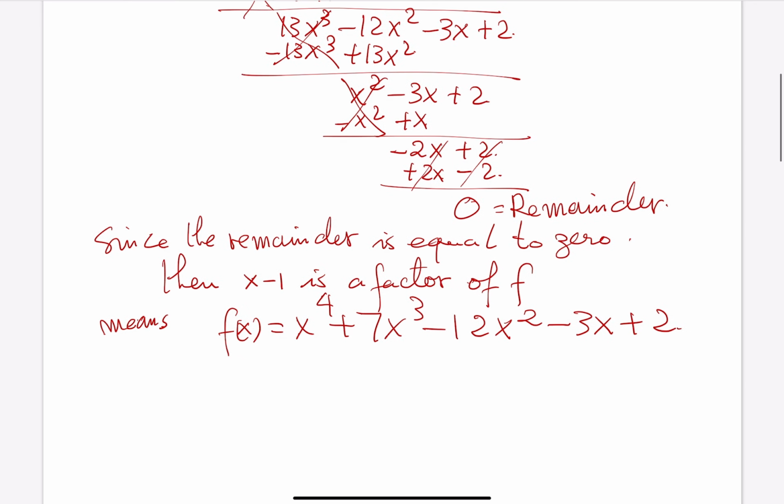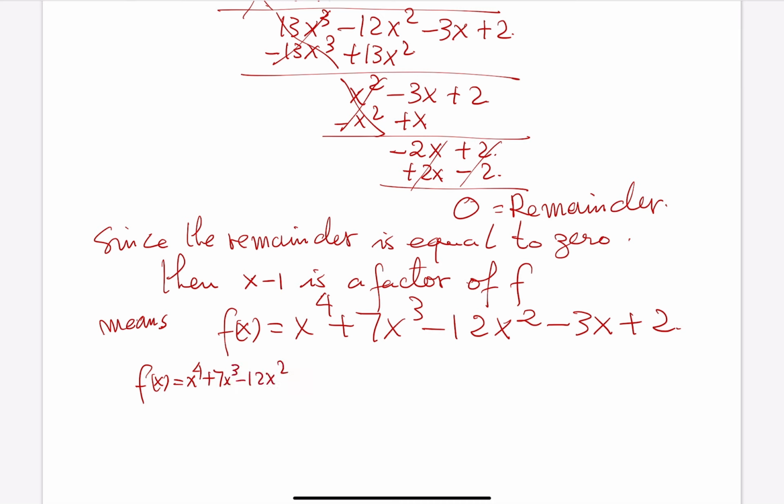So you have this one. f(x) is equal to x to the 4 plus 7x to the third minus 12x squared minus 3x plus 2.